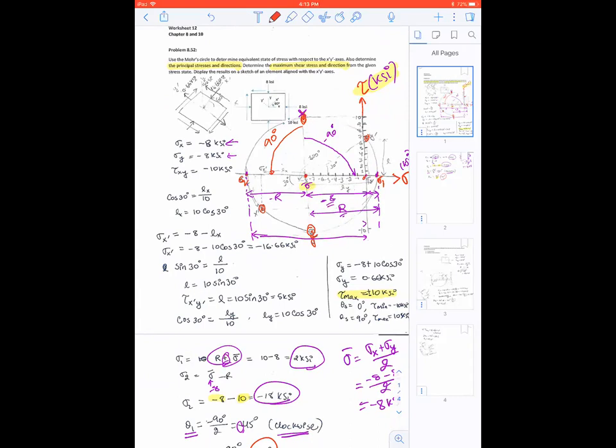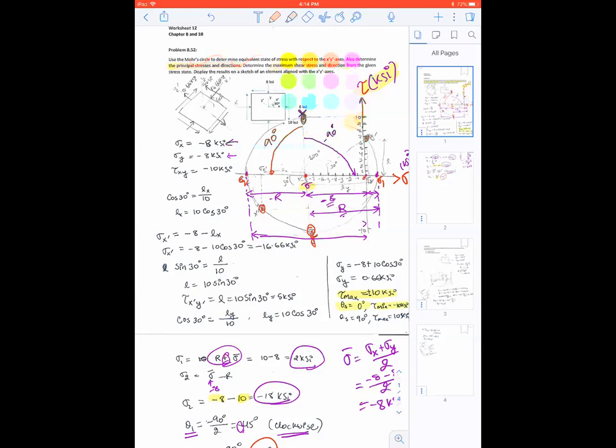Now because this is shear stress, you're seeing positive 10 KSI, but in reality it is actually negative 10 KSI, and the angle from this x face to this face is actually 0. So for negative 10 KSI, your shear stress angle is 0 degrees.